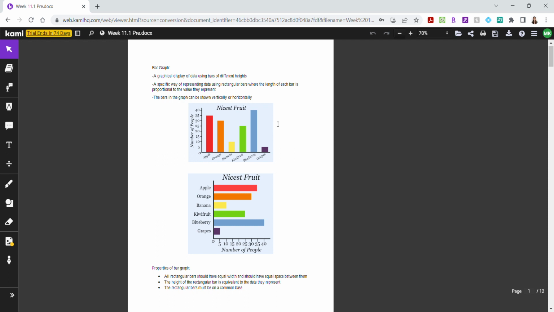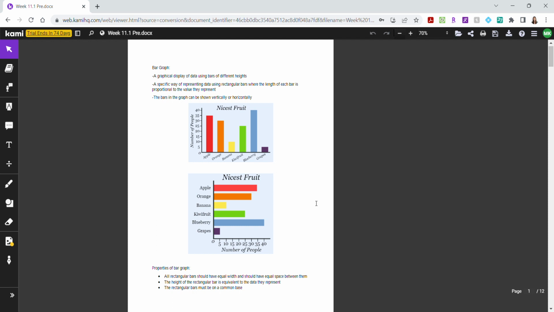Now the bars can be shown either vertically or horizontally. So this is a vertical bar graph and this is a horizontal bar graph. You can have bar graphs either way. It doesn't really matter which way it is as long as you are able to put the information in correctly.